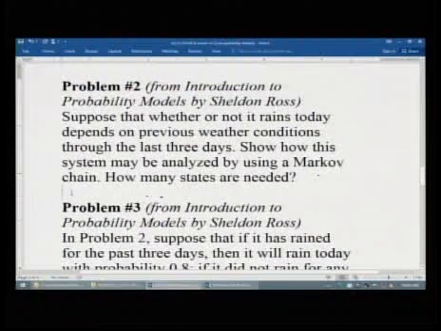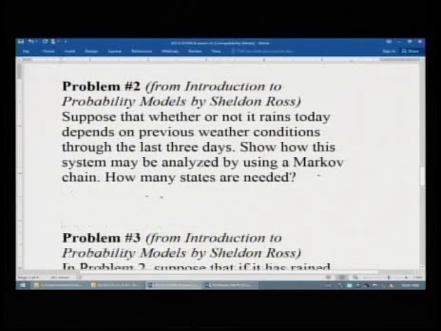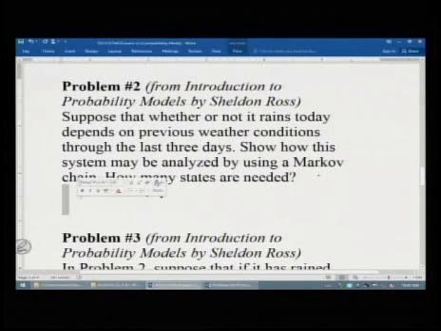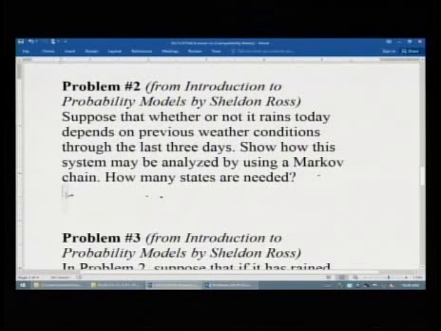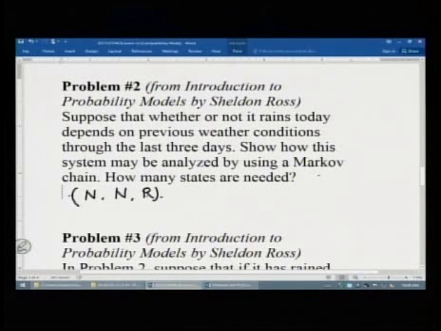Okay, so I'm going to use, let's say, R. So for example, if I define the state of system like this, it means that it is raining today, okay?